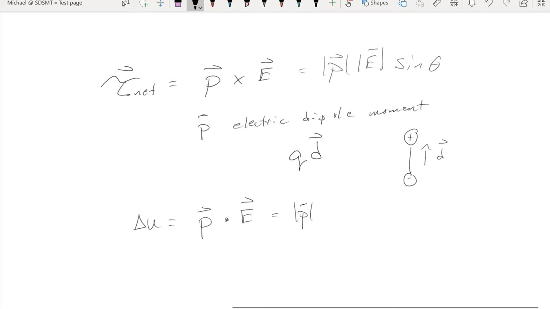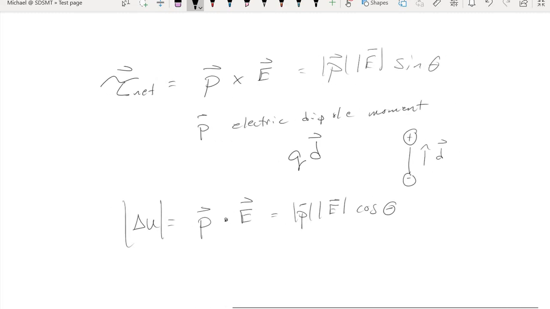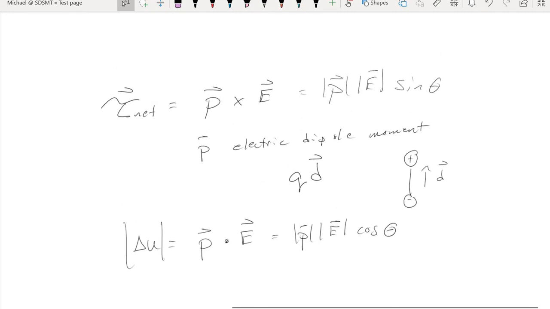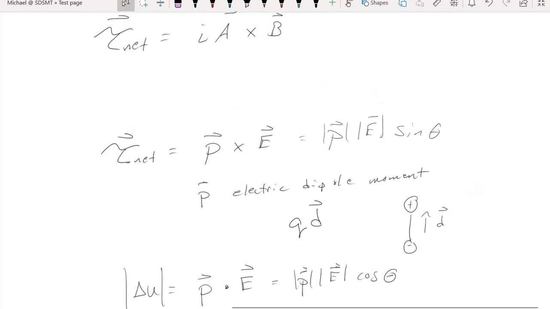And the dot product would utilize cosine of the angle between them. I'm going to use magnitude here because depending on which way you rotate, your potential energy can either increase or decrease. But over here we're dealing with magnitudes anyways.